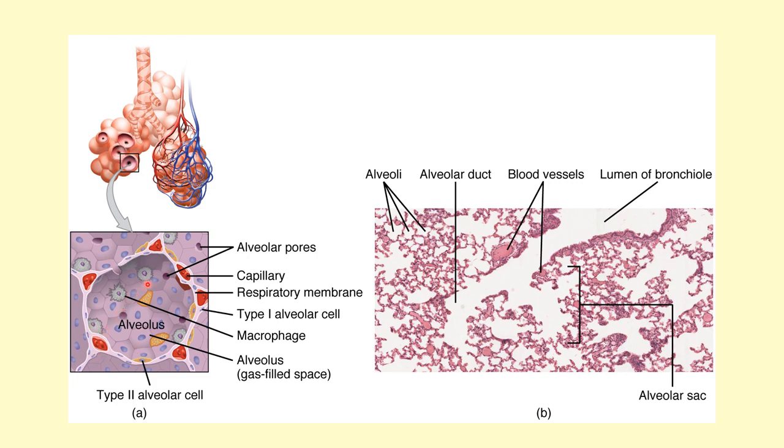And then the macrophages here. And this is kind of a cool cross section where, remember, lumen is the opening, so this is the opening of the bronchiole. Now as you're moving into the alveolar duct, you've got all these separate little alveoli in here that are the openings.